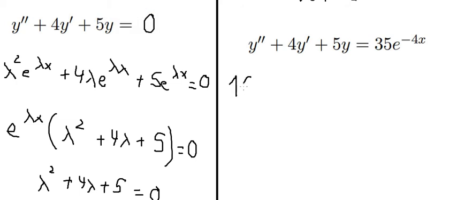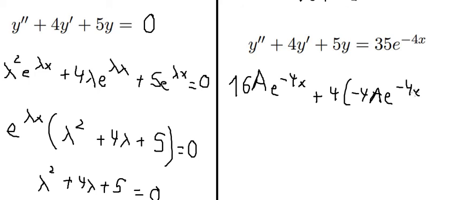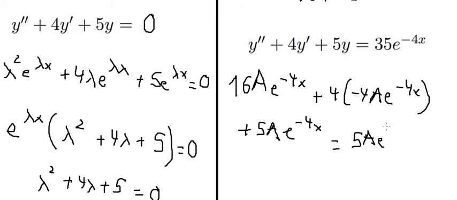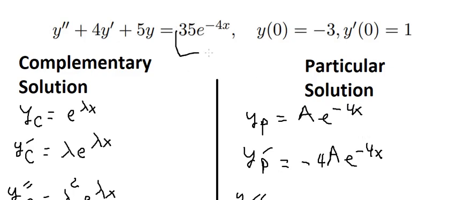16A e to the power of negative 4s plus 4 multiplied by negative 4A e to the power of negative 4s, and we have 5A e to the power of negative 4s. So we simplify this, and you get 5A e to the power of negative 4s, and this equals this one.